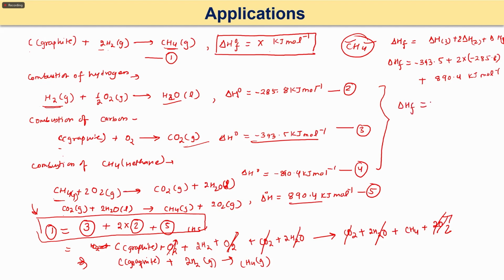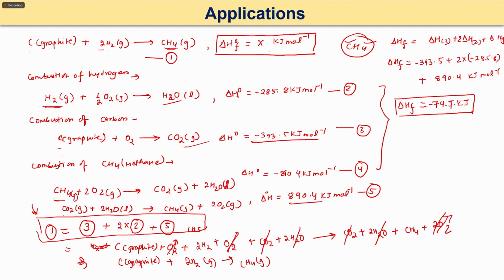Okay, so if you solve this, you will get the enthalpy of formation of methane as minus 74.7 kilojoule per mole.